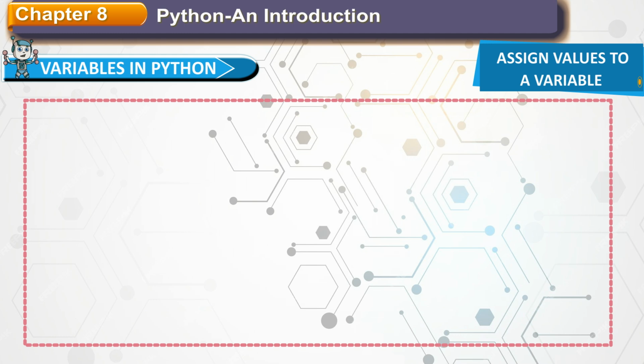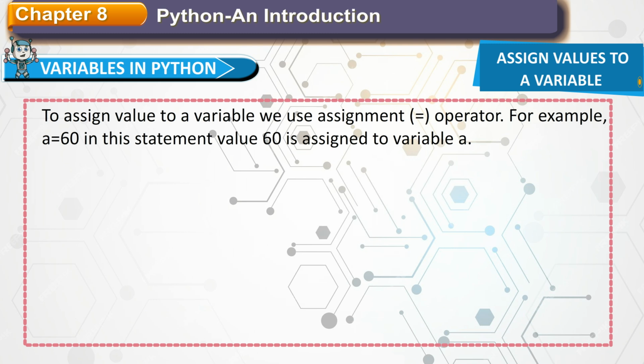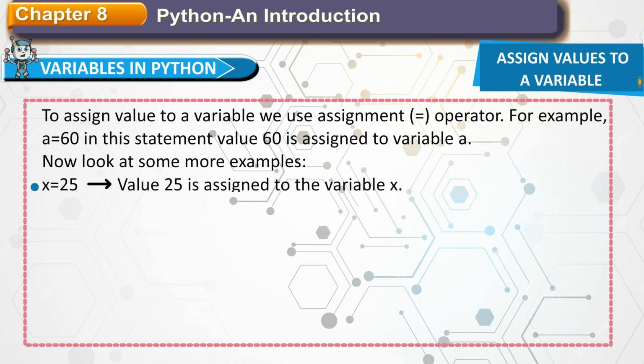Assign values to a variable. To assign a value to a variable, we use the assignment operator, equal to. For example, a = 60. In this statement, value 60 is assigned to variable a. Now look at some more examples. x = 25.